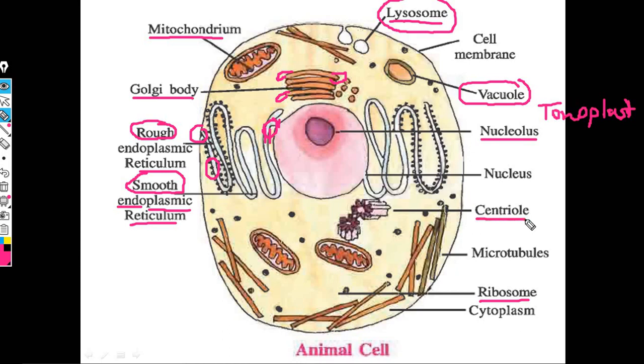Centriole is a very important structure. These three structures, centriole, ribosome and nucleolus, are membraneless structures. Why membraneless?